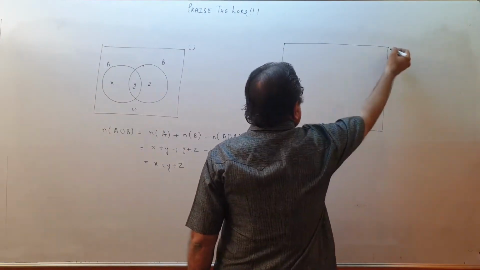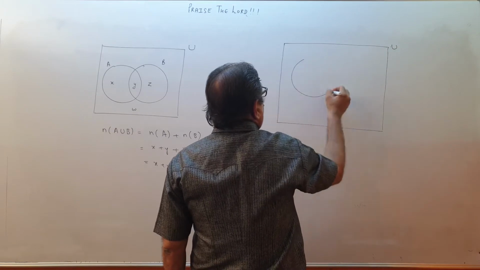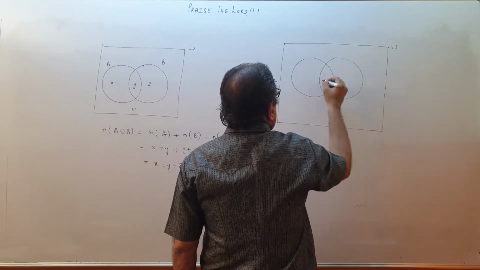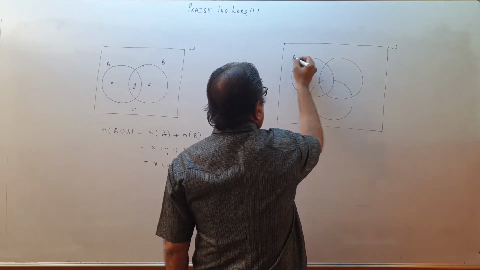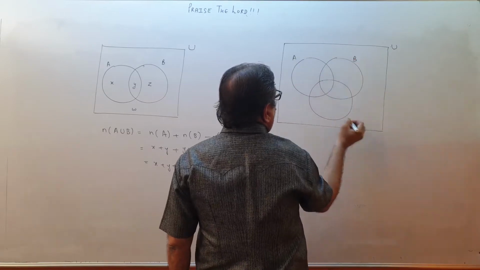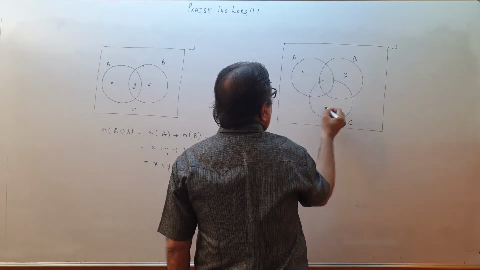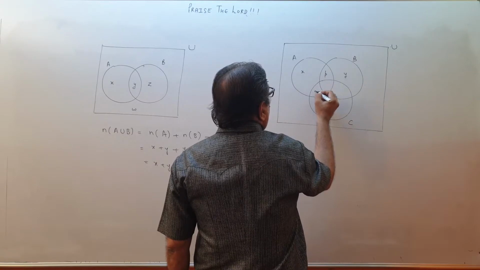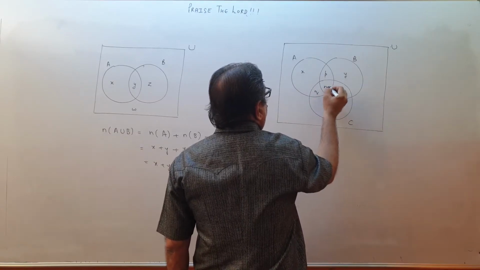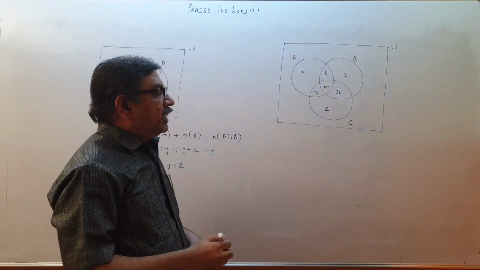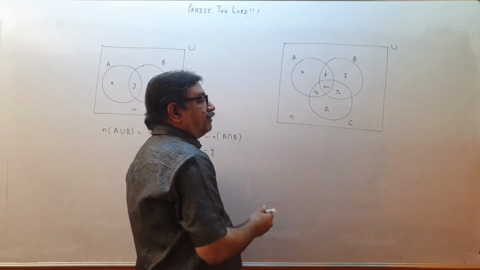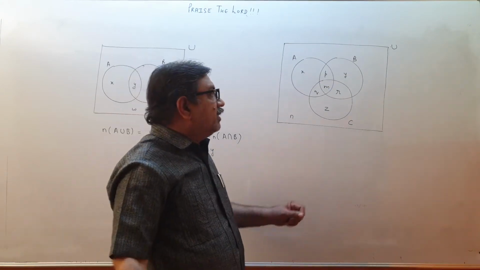See, we are having a universal set and three sets like this: 1, 2, and 3. A, B, C. X, Y, Z, P, Q, R, and M. And supposing here there are N elements. Children, please understand very clearly.